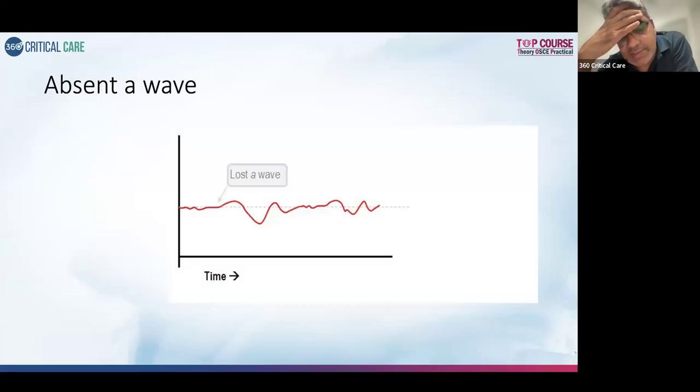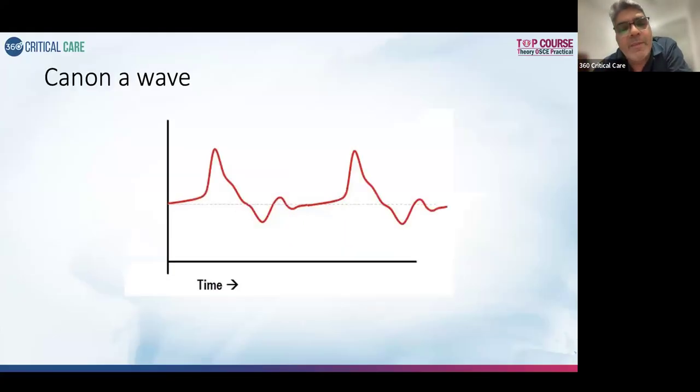What happens is, if there is dyssynchrony between contraction of the atrium and the ventricle, and the tricuspid valve doesn't open at the same time, the atrium is contracting against a closed tricuspid valve. That can cause an acute rise in pressure in the atrium, causing a peak A wave called a Canon A wave.